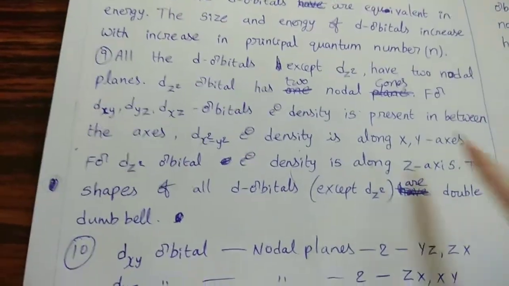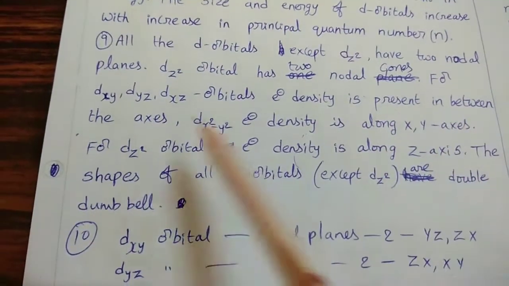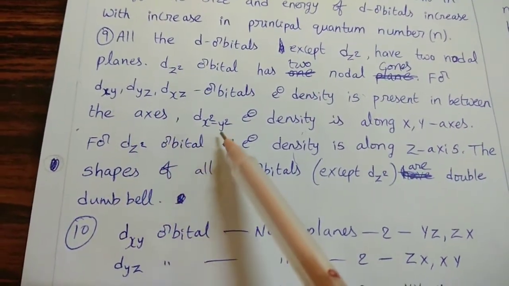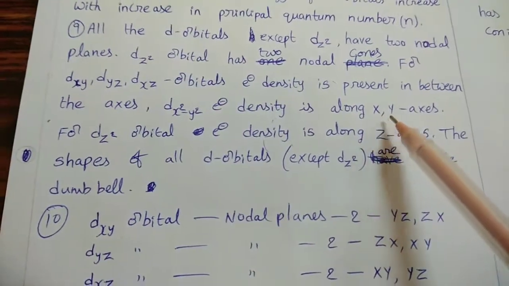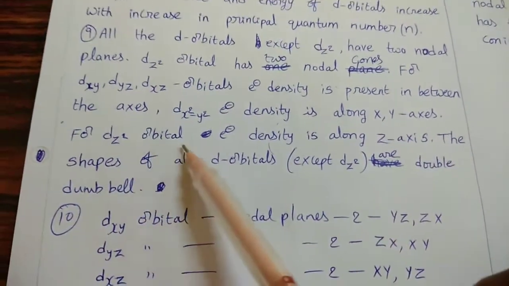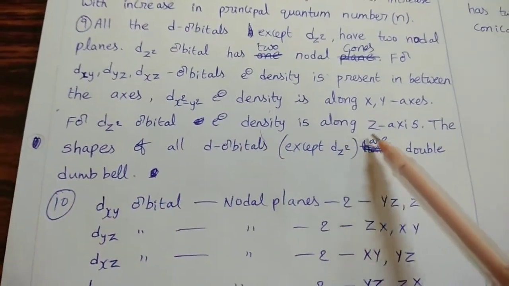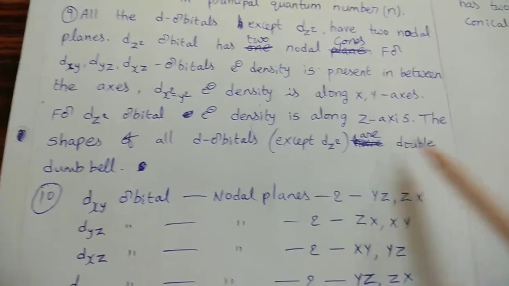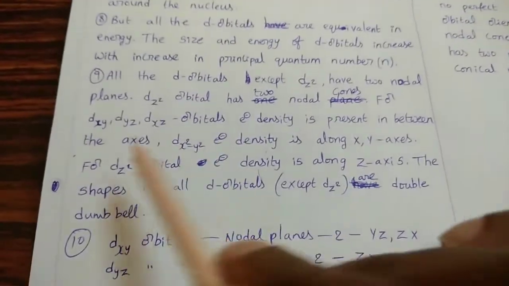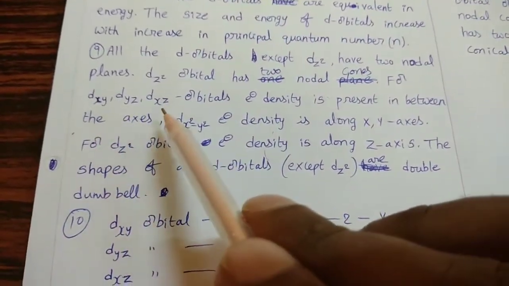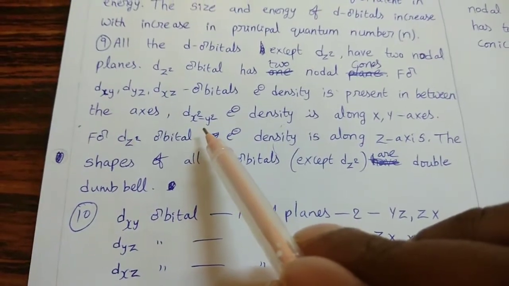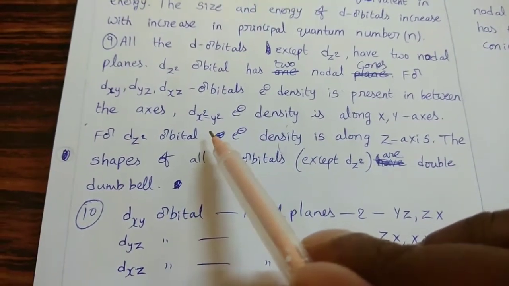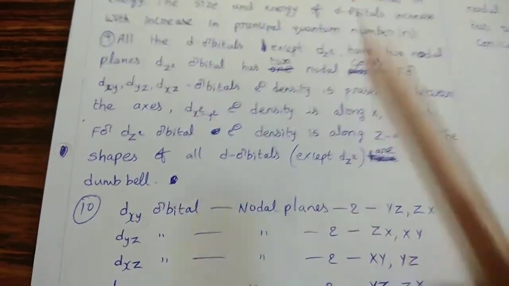So for these orbitals, electron density is present in between the axes. Dx square y square: electron density is along x and y axis. For dz square orbital, electron density is along z axis. The shapes of all d orbitals except this are double dumbbell. Remember that. The dxy, dyz, dxz, dx square y square orbitals' shape is double dumbbell, except dz square.